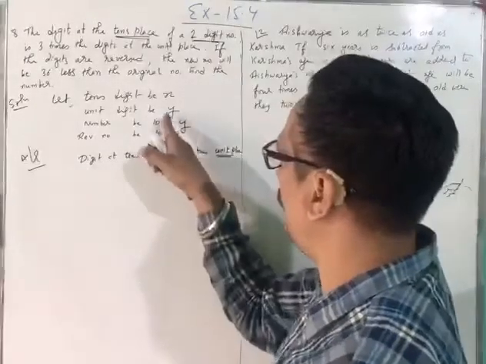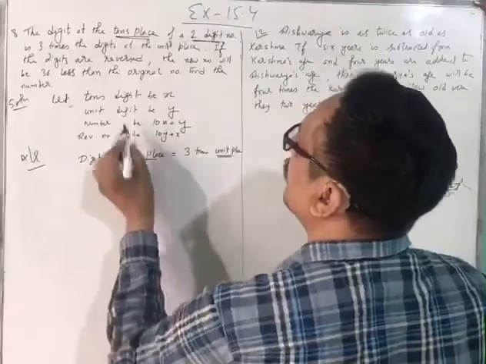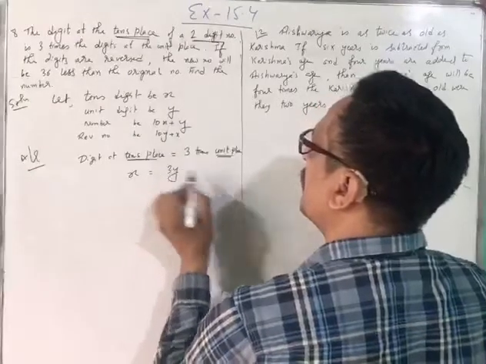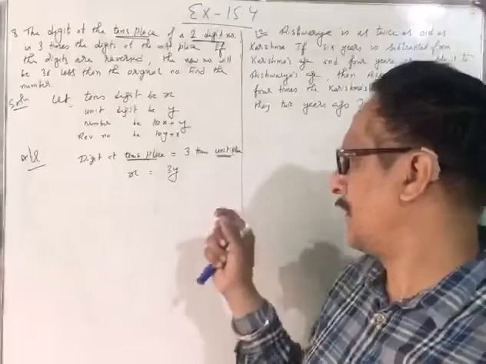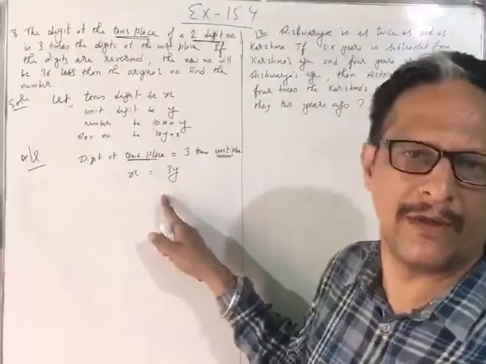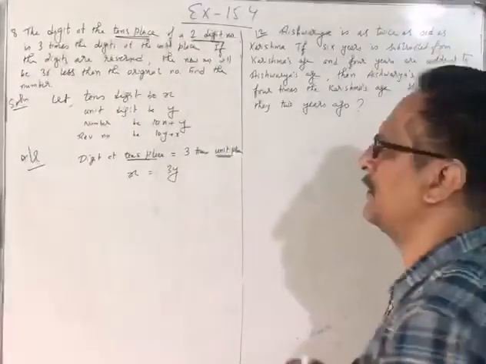Let's assume the unit place digit is y and the digit at the tens place is x. So x equals 3y. This means that wherever x is, you have to put the value of x equal to 3y, then solve it. Clear?